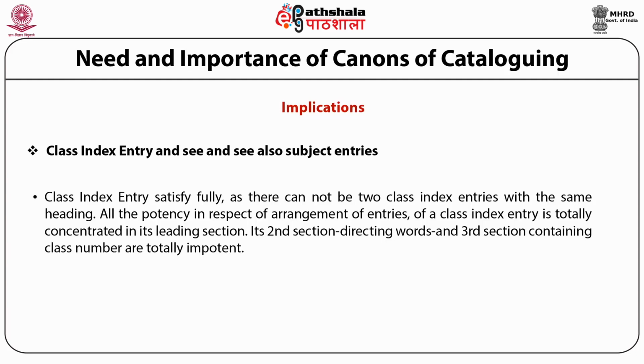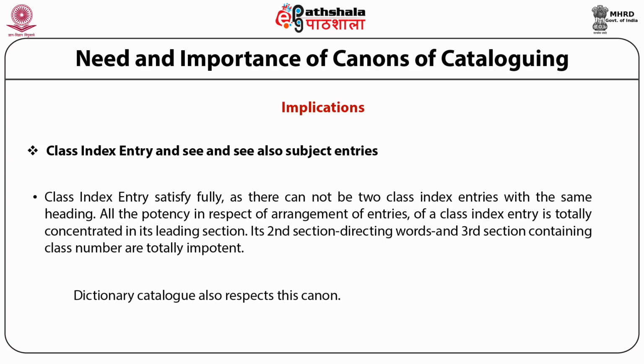All the potency in respect of arrangement of entries of a class index entry is totally concentrated in its leading section. Its second section, directing words, and third section, containing class number, are totally unimportant.